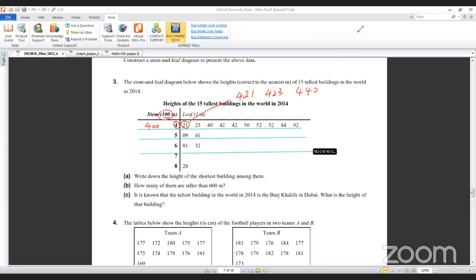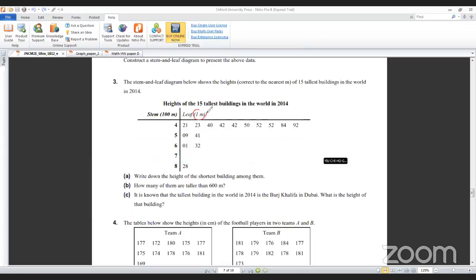And then you can look here, it means 1. Therefore, here it means 21 times 1. This one means 23 times 1. Therefore, this is 21, this is 23, this is 40, this is 42, together with this one, 400.